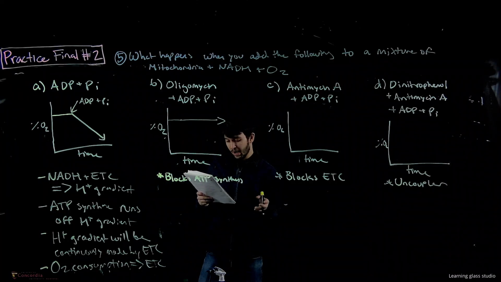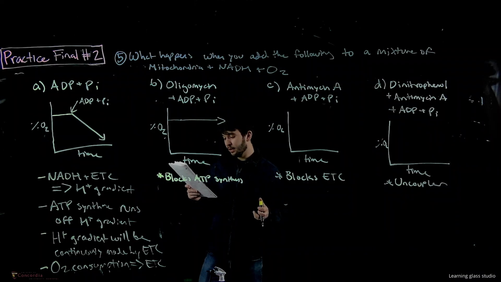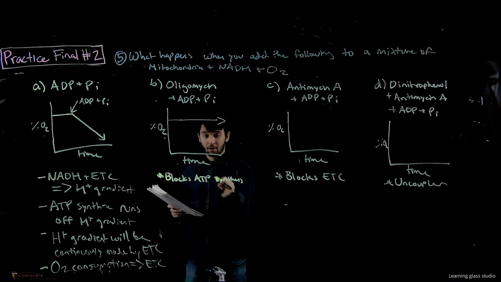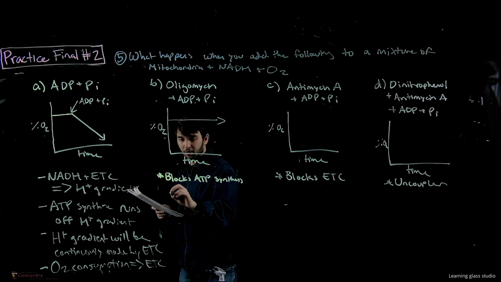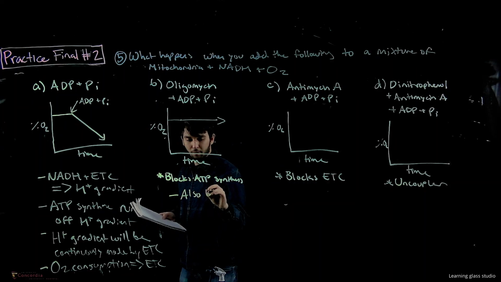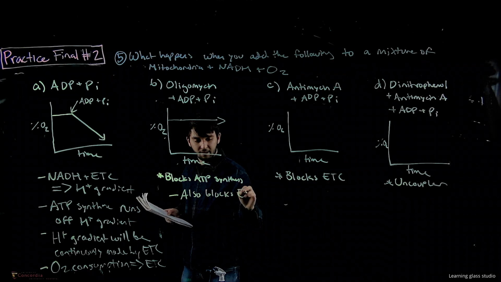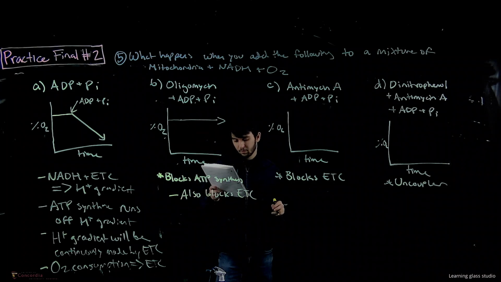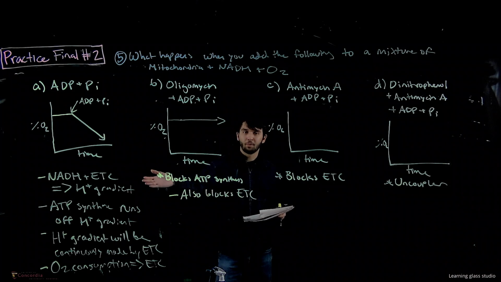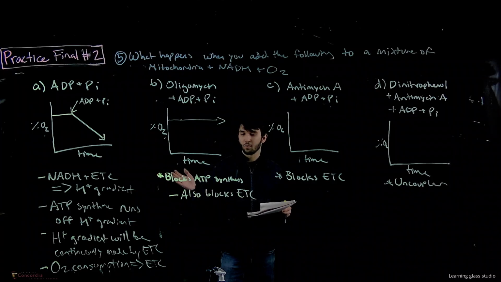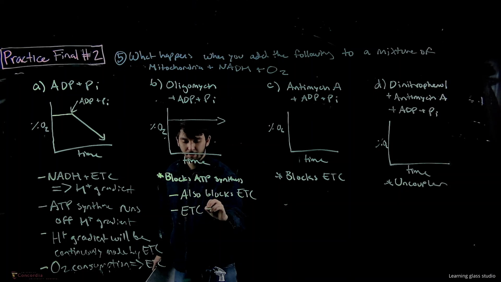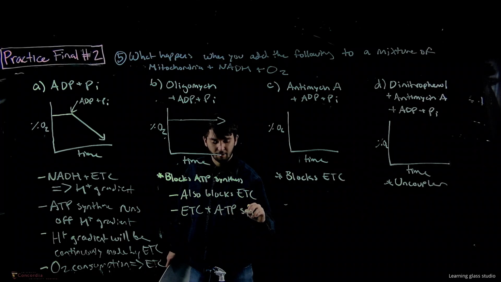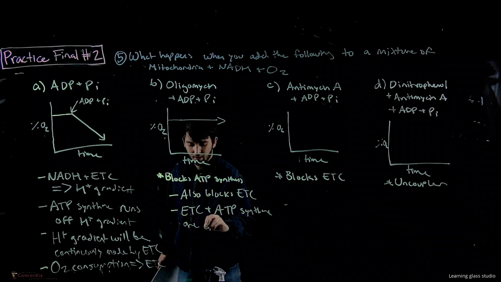Okay, why? This is because oligomycin will, like I said, block ATP synthase. And when ATP synthase is blocked, this also blocks the ETC, right? So the H plus gradient is established, it's not dissipated, and when the H plus gradient is there and it's stable, the ETC stops. Why? Because the ETC and ATP synthase are coupled.